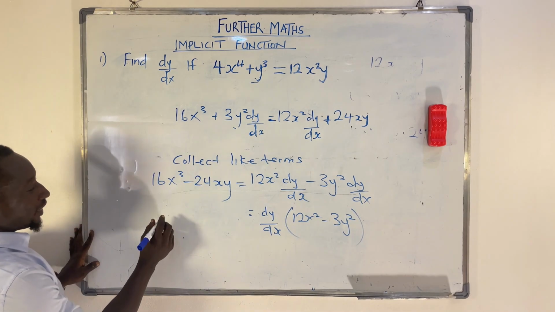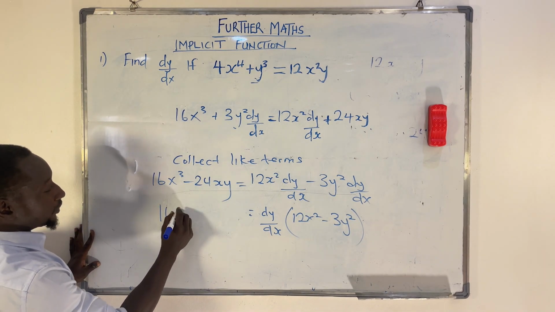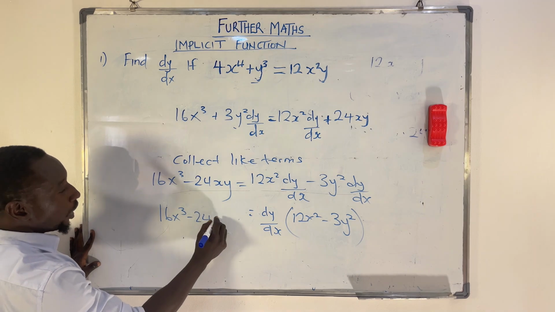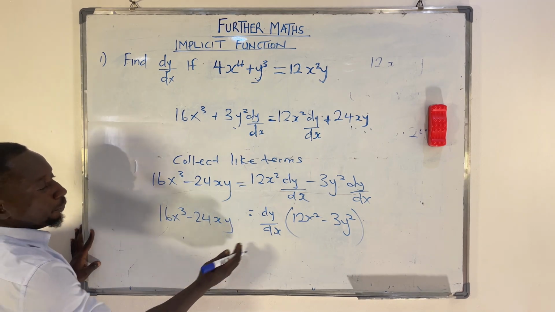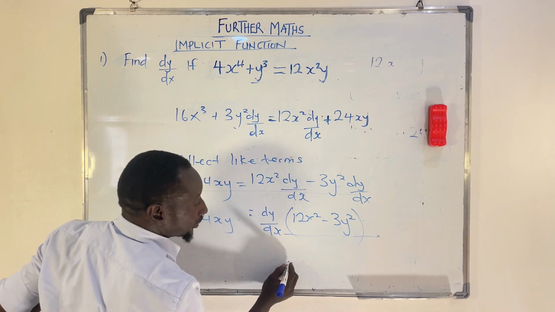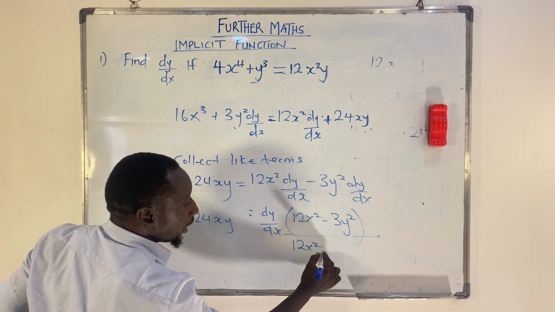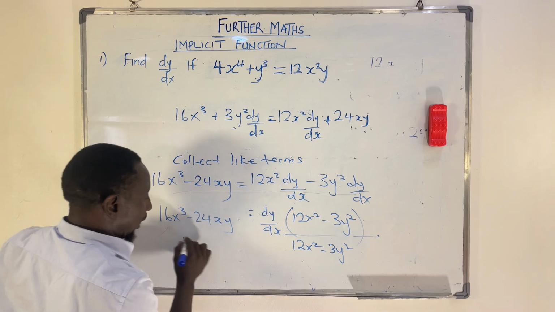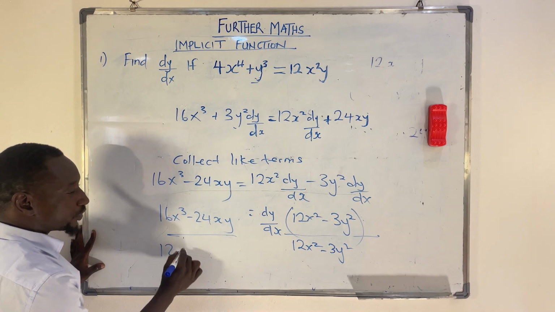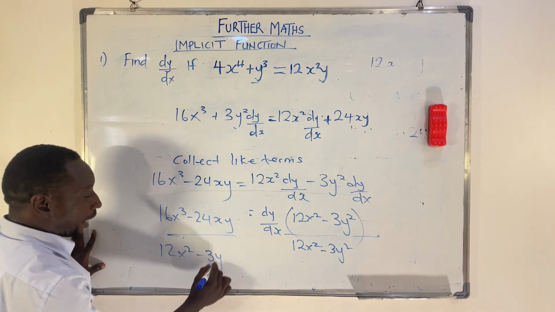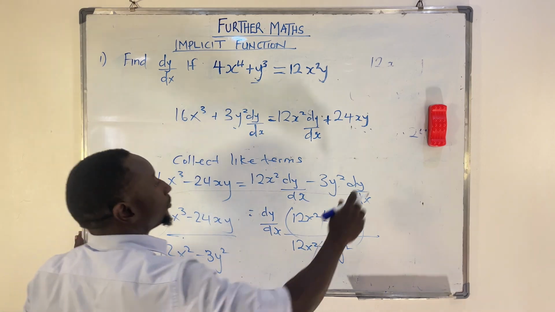Now here on the left-hand side, I still have my 16x cubed minus 24xy. Now I'm looking for dy/dx. I'll divide both sides by the coefficient of dy/dx, which is 12x squared minus 3y squared. This will cancel this.